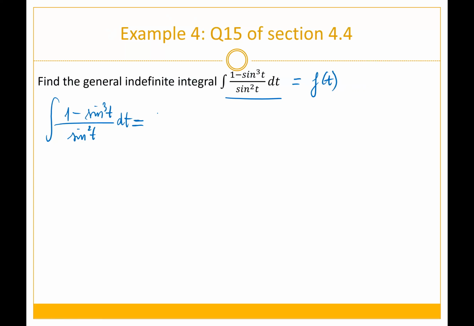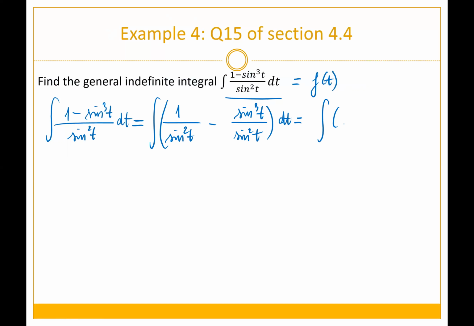To do that, first of all, I will split this fraction into two individual fractions. So I will have cosecant squared t minus sine t, dt. We already know the integral of cosecant squared and the integral of negative sine t, so we can immediately use the table to solve that.